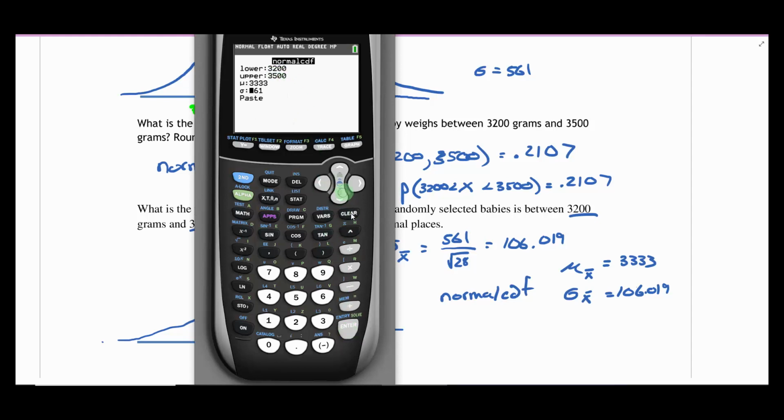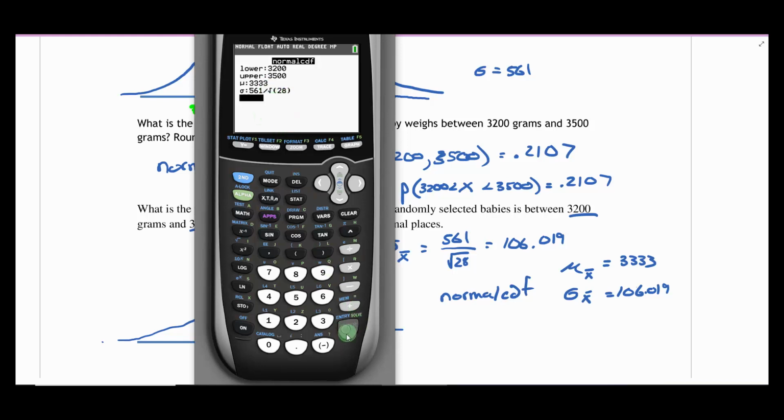Pretty much everything stays the same until we get to the standard deviation, and we're going to put in that 106.019. The other thing you can do is type in the expression directly, so you can take 561 divided by the square root of 28. That way there are no issues with intermediary rounding. You can actually type in the exact expression, so you don't have to worry about any rounding issues.